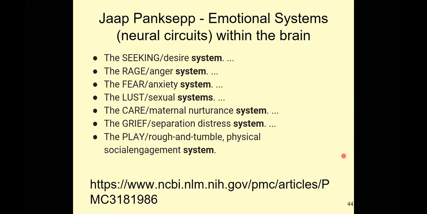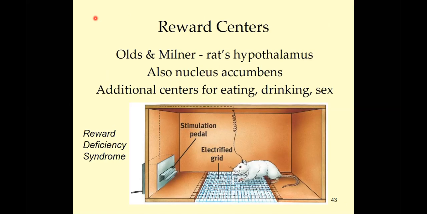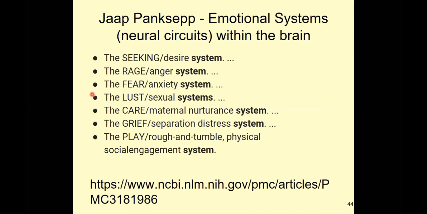So while we're at this, I want to also bring you something that's not in the textbook while we're talking about these neural circuits that have to do with rewards for various types of activity. I want to have you look at the various what were called affective neural circuits that had been discovered within the brain.